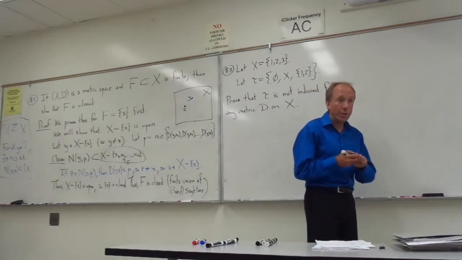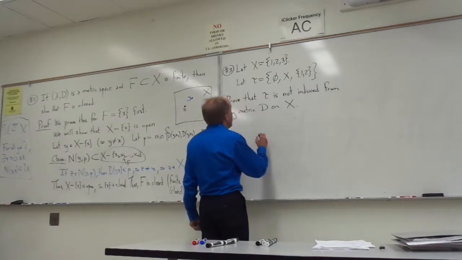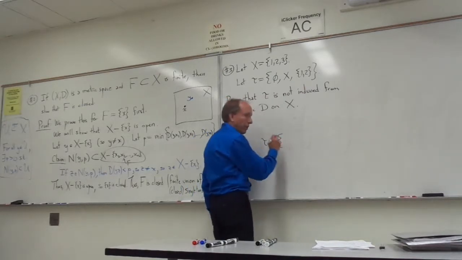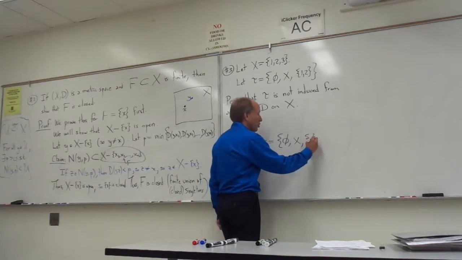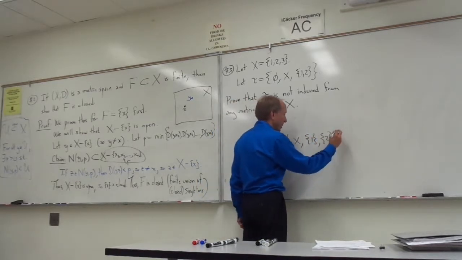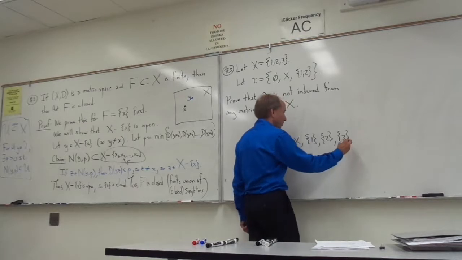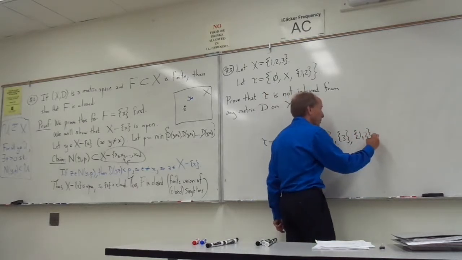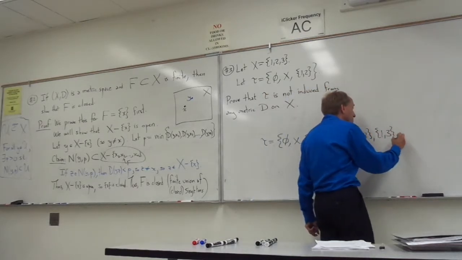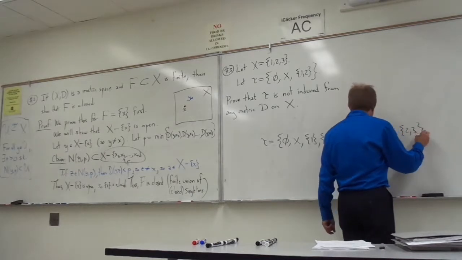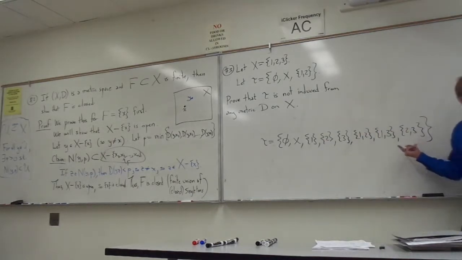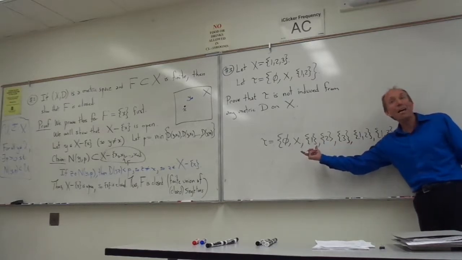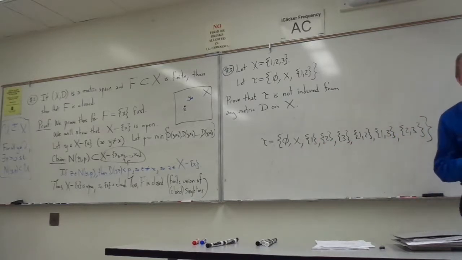So remember, just to give you another example to help you think about this, if your topology had been this, this topology is induced by a metric. This is the discrete topology. Every single subset of capital X is included in tau.